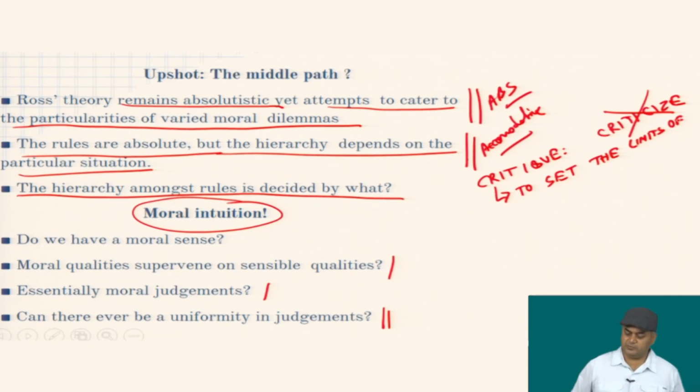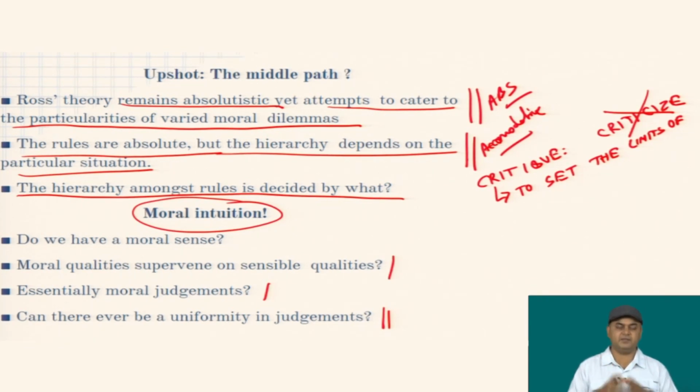This is what my teacher had once taught me, a clarity that helps me use the word critique very sensibly. Critique is not an act of criticism, which in colloquial language is very often used as to always play the devil's advocate or always find fault with an established claim. To critique a theory, as used in academic literature, is to set the limits of it.